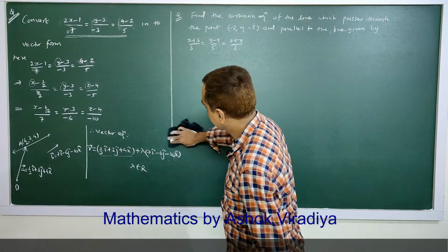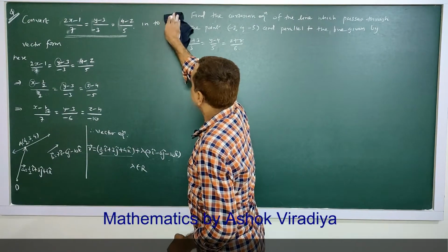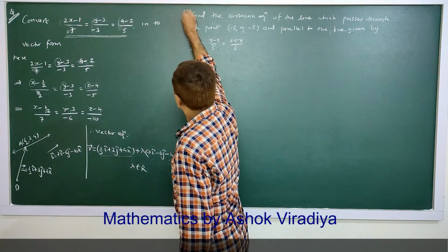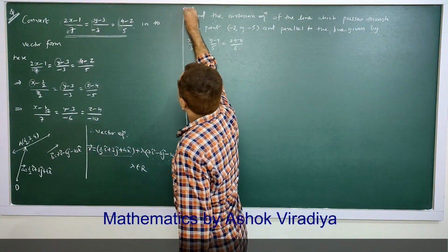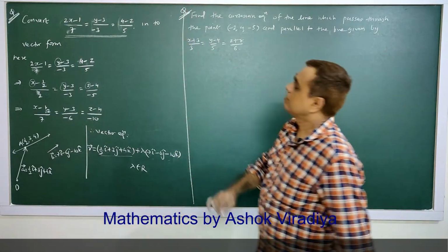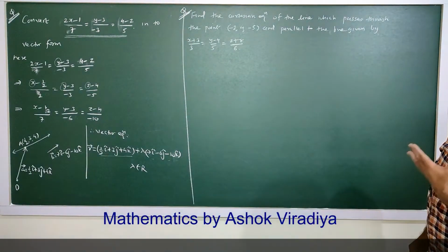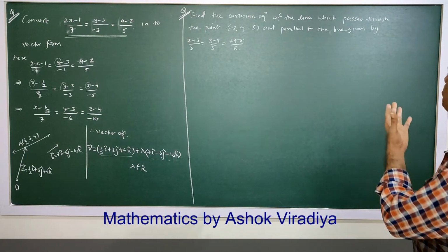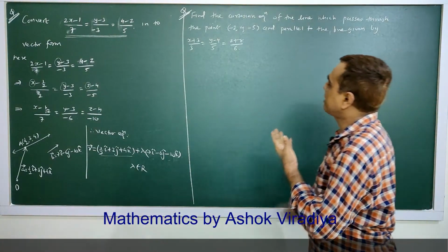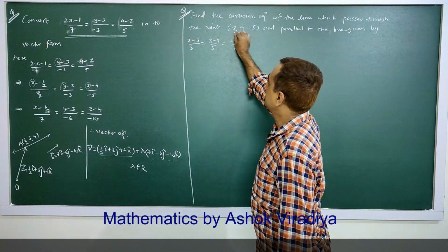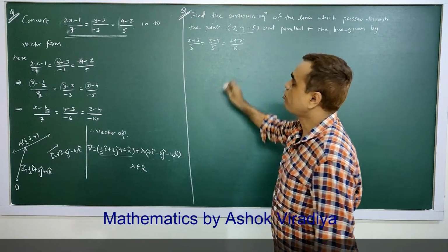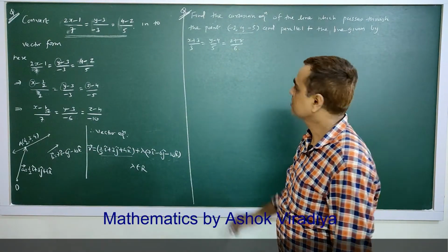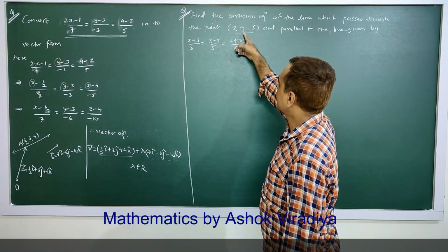Now in this question, find the Cartesian equation of a line which passes through the point -2, 4, -5. The line is passing through this point.